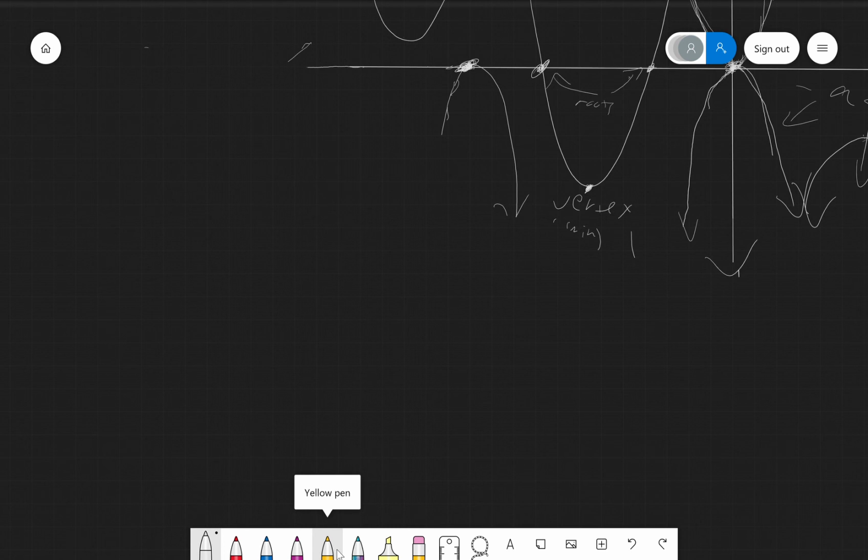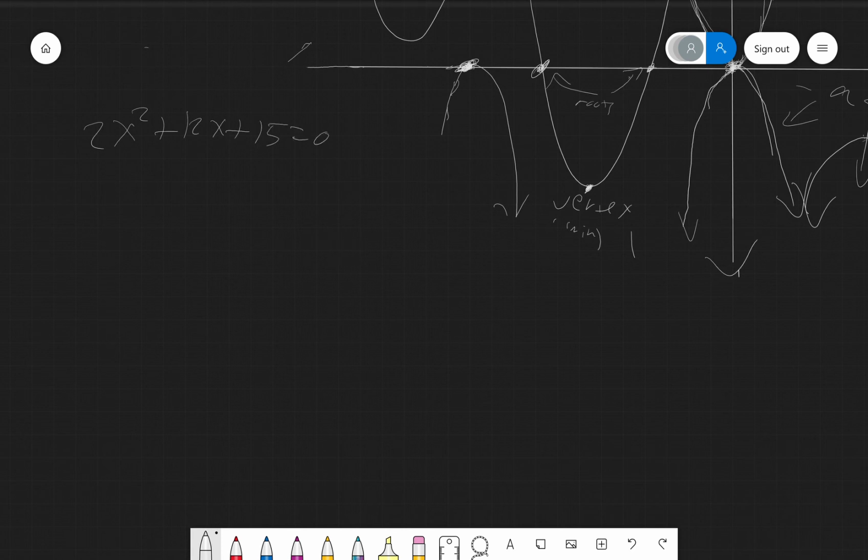Okay, so maybe this might work. I don't know, but it should hopefully. So we have 2x squared plus 12x plus 15 equals 0.